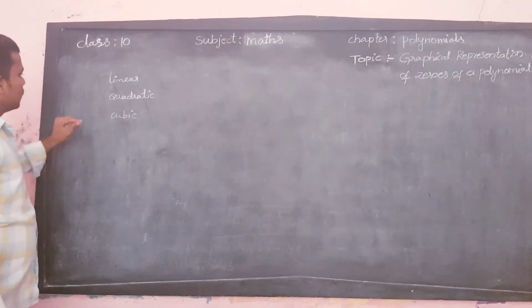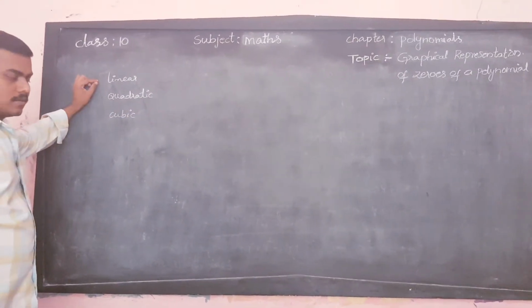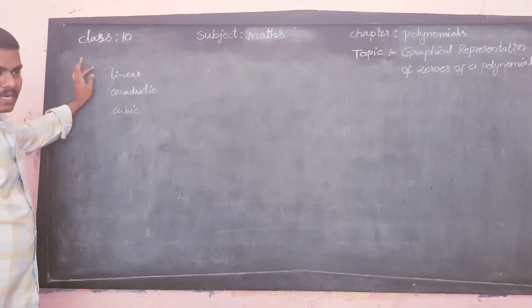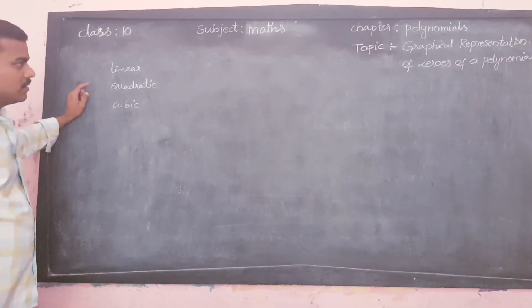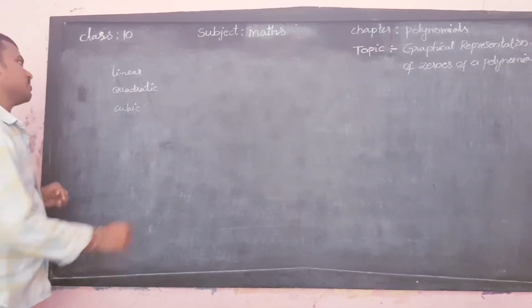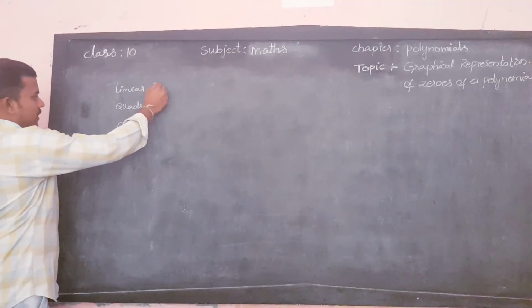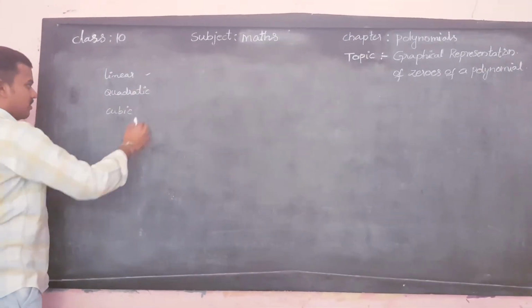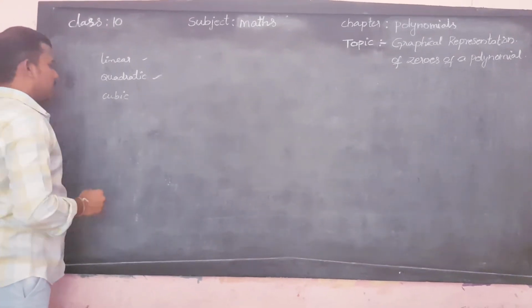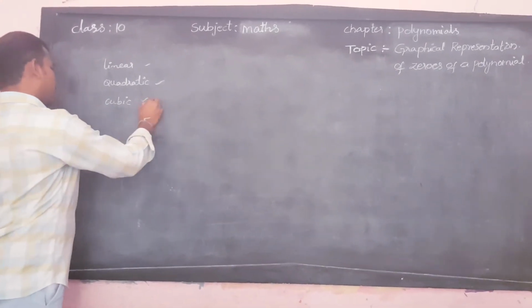So today we discuss graphical representation of zeros of a polynomial: linear, quadratic and cubic.